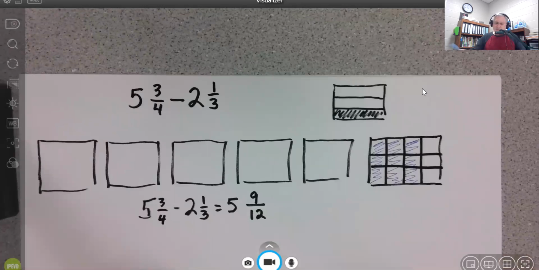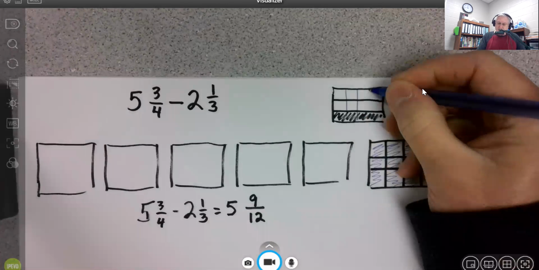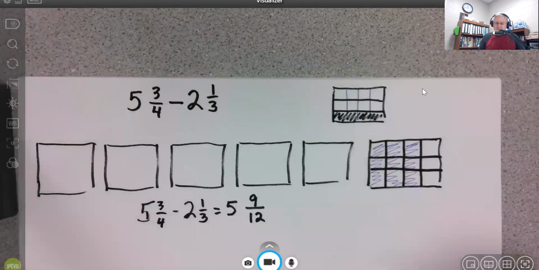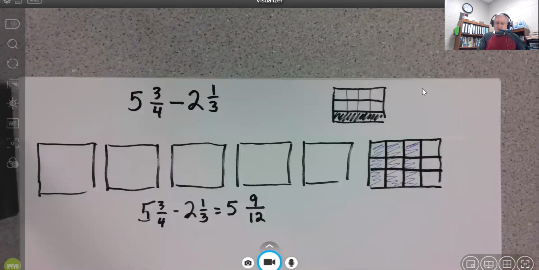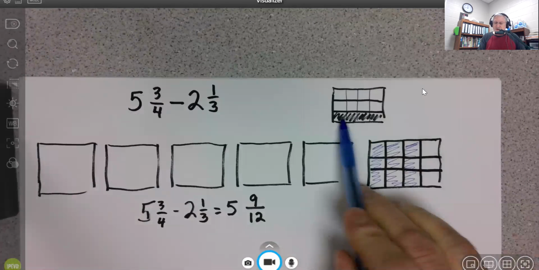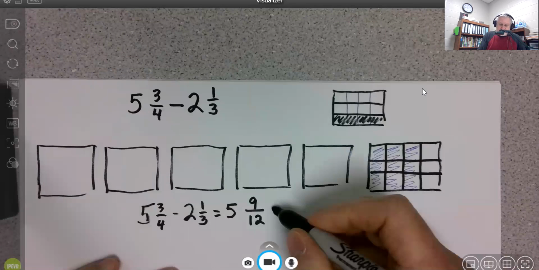And if I look at my top one, if I cut this into 4ths going vertical, now I know what this fraction is. It's shaded, 1 row, and there's 12 total, so 4/12.